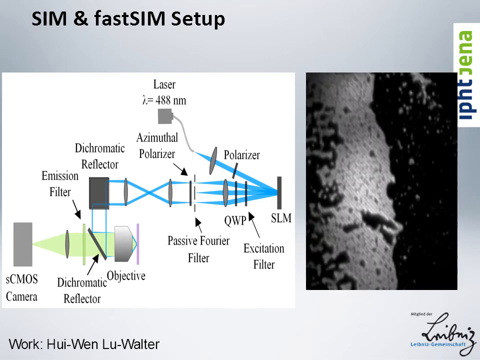That just has holes in it where the right orders go through, so that you get only the orders into the sample that you want to interfere to get a perfect sinusoidal grating, and some stray orders because of the pixelation of the SLM are simply blocked here.